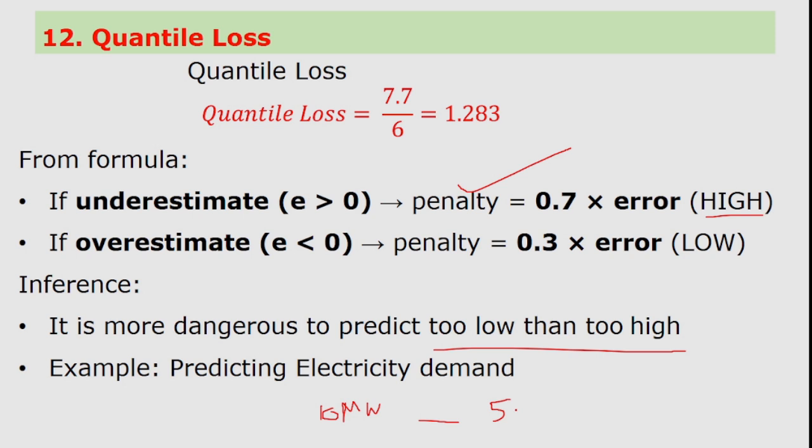There is a shortage of 5 megawatts. But the reverse may happen. For example, the actual demand is 5 megawatts, but your model prediction is 10 megawatts, so we are generating more electricity. In that case, there will be only some amount of losses, whereas in the first case we are not going to match the actual demand, so that would be a very unethical outcome.